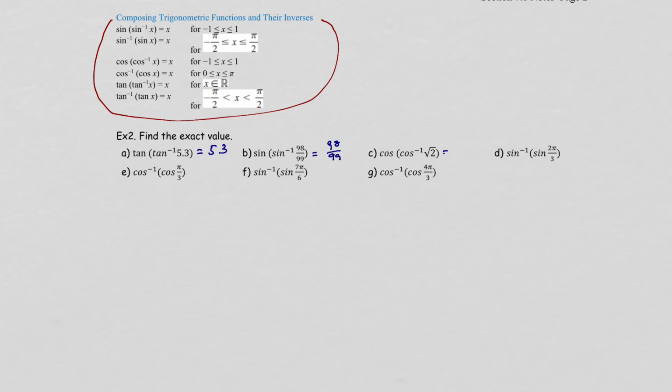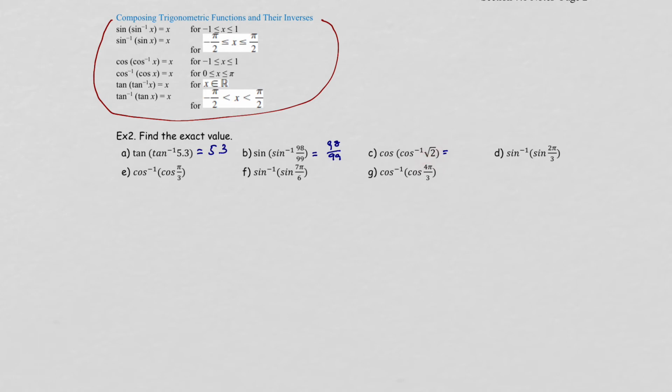This is going to be the same one, right? Because you have cosine inverse inside. Let's see, is square root 2 a value that's inside of the domain of cosine inverse? Where's the cosine inverse? Cosine inverse is right here. Your value has to be between -1 and 1.